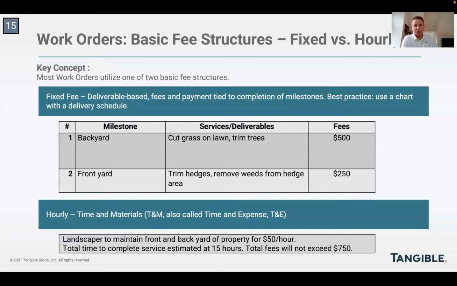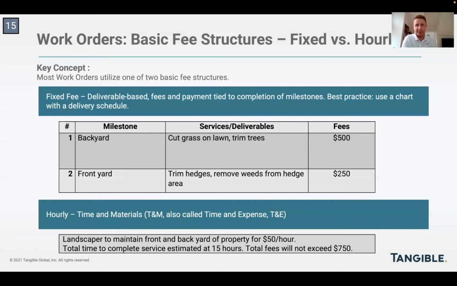The second fee structure we'll discuss here is time and materials, also called, by shorthand, T&M, or time and expense, T&E. This is where you would pay a landscaper strictly by the hour, by the amount of time it takes them to complete the services. As a buyer, it's very important to establish a not to exceed cap for hourly engagements.